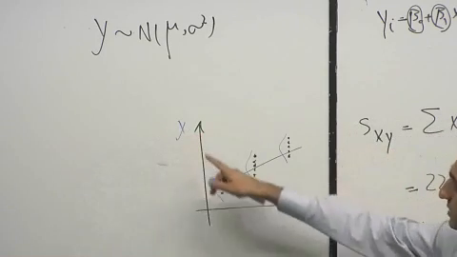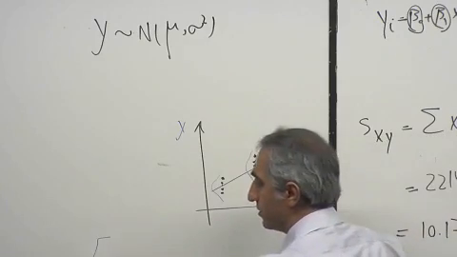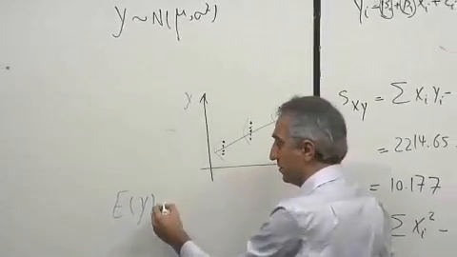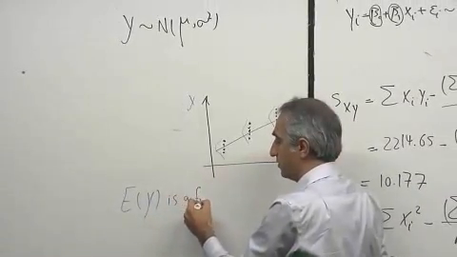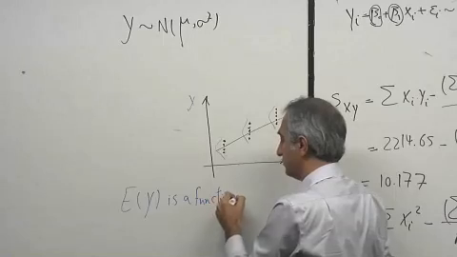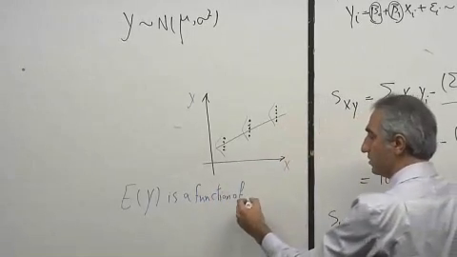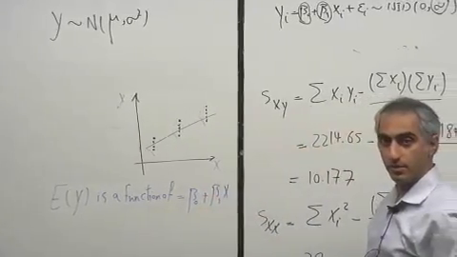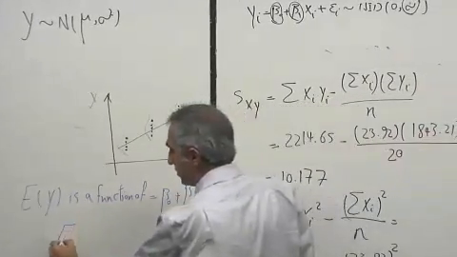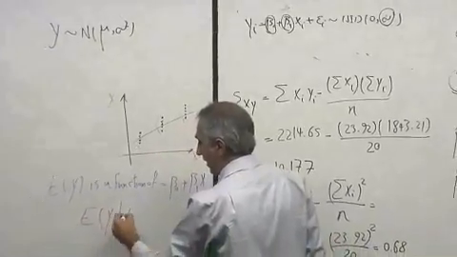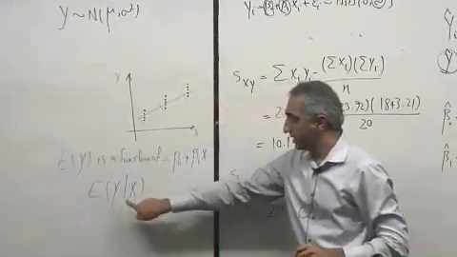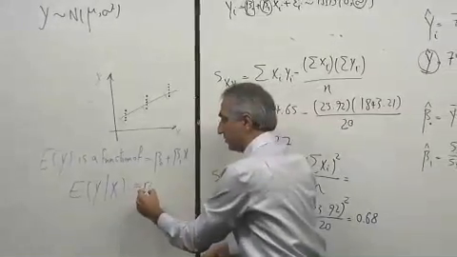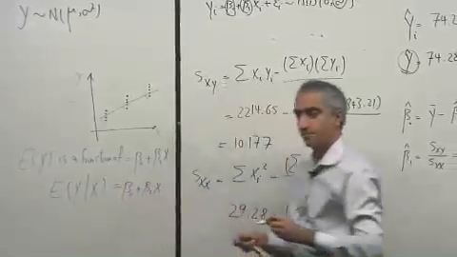So the expected value of y is a function of x. What is that function? It's beta 0 plus beta 1 x. Okay? So basically, I can write down the expected value of y given x is beta 0 plus beta 1 x.